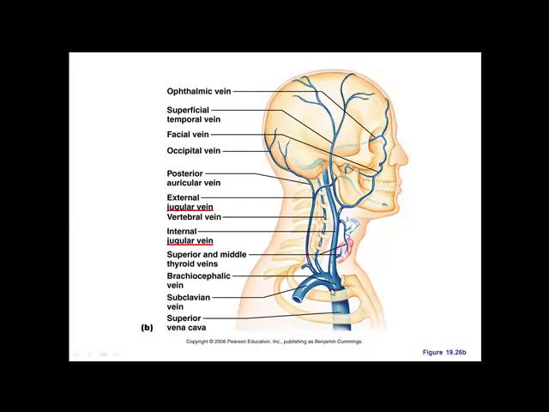Okay, we are looking at venous drainage for the head. So it's going to be pretty similar to our arterial supply. Slight difference is that this guy right here is our internal jugular vein. This guy back here is our external jugular vein.